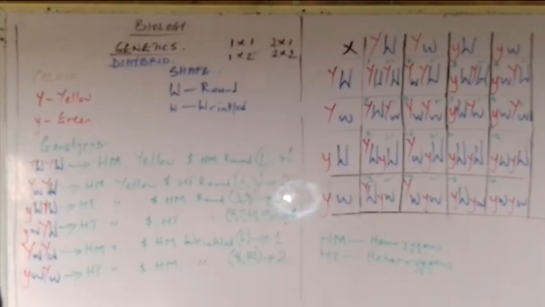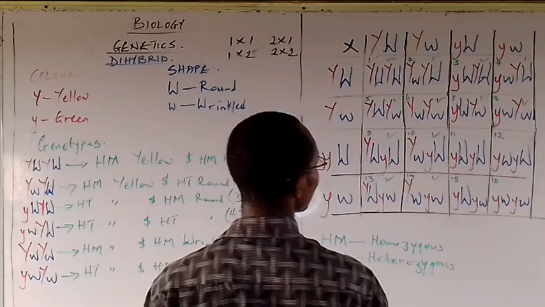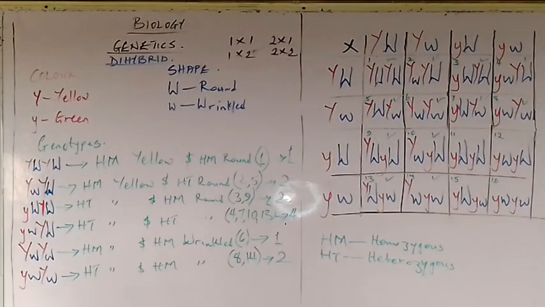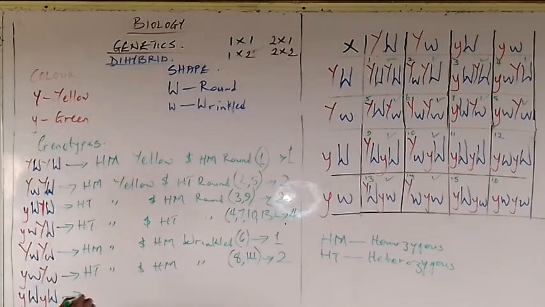The next one we have now is going to be number 11. So number 11 is small y capital W, small y capital W, small y capital W. So if you look at this now, expressing this, since we have small y, it is not going to be yellow like we have had. This time around it is going to be green. And it is also homozygous.